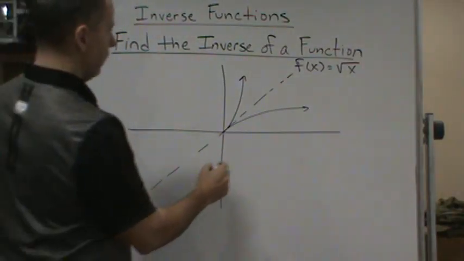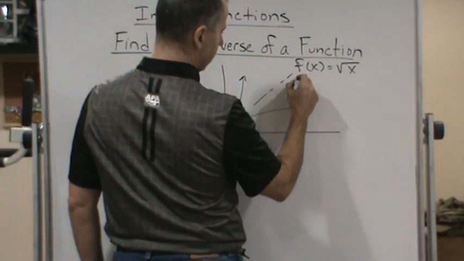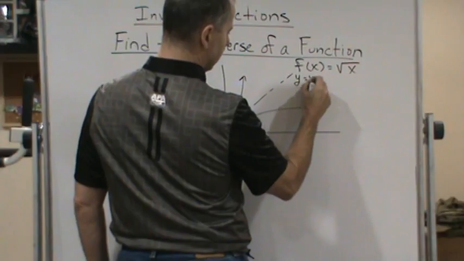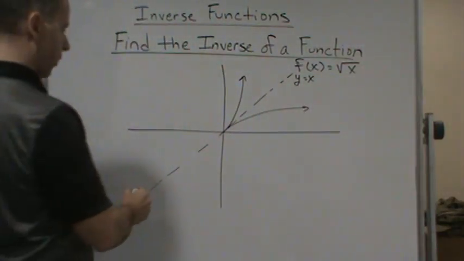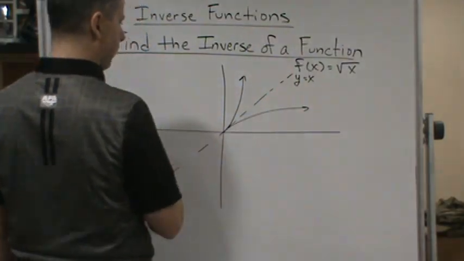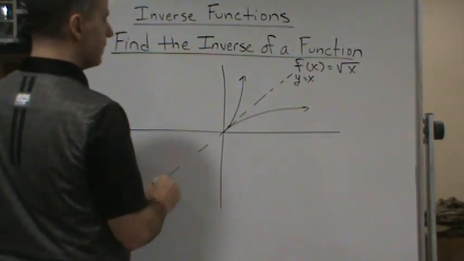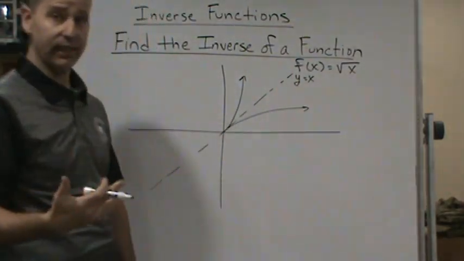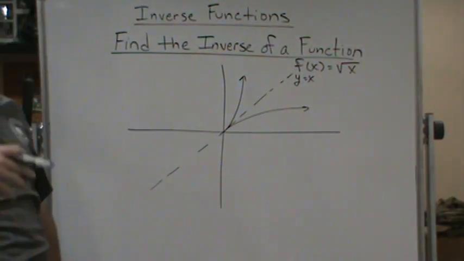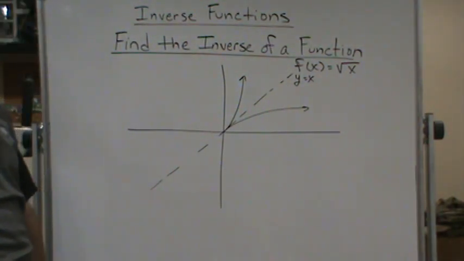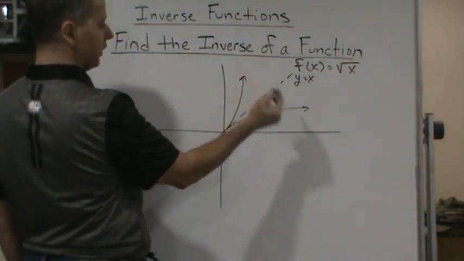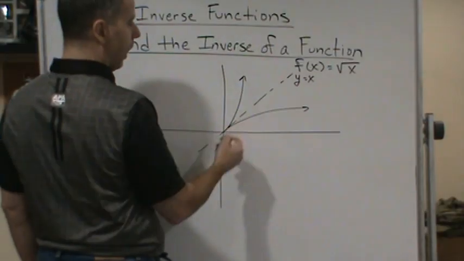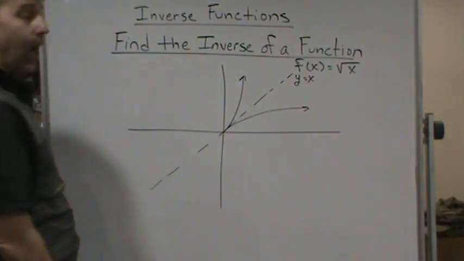Is if we take the line y equals x, this is the identity line, the identity function. So it goes straight through the origin at a 45-degree angle. For a one-to-one function, if you graph the function and its inverse, they are always reflections across the y equals x line.